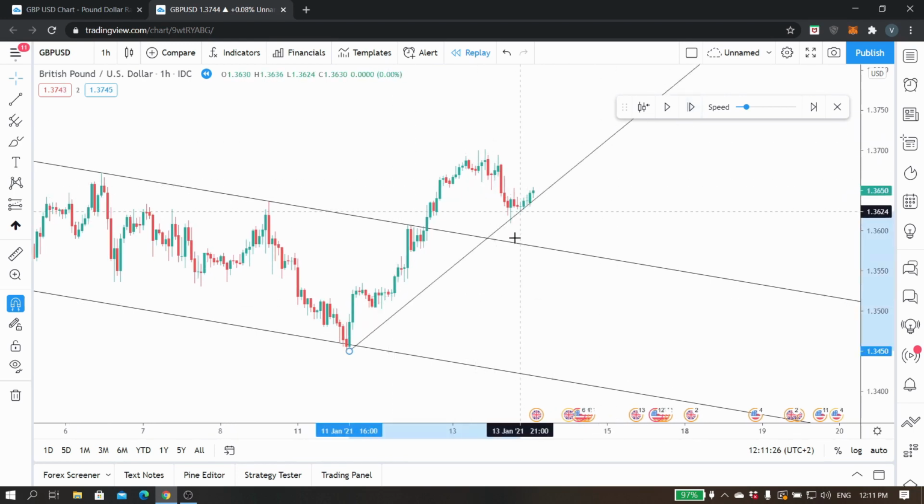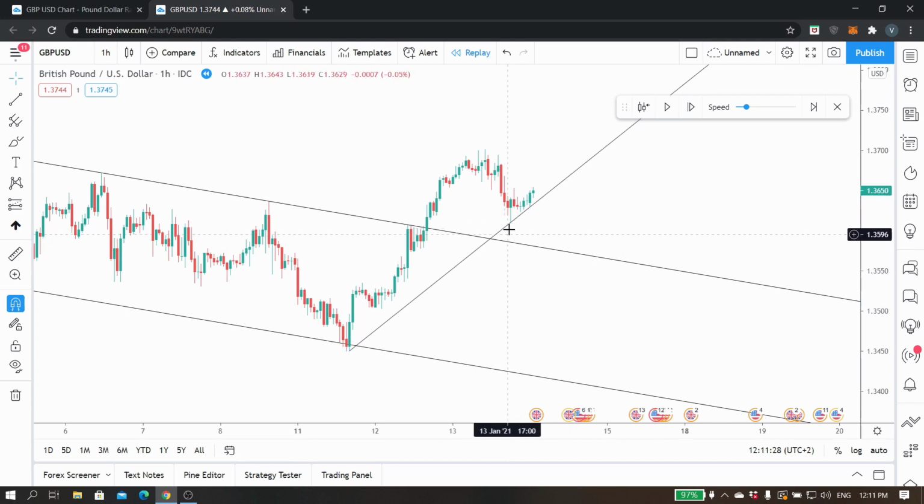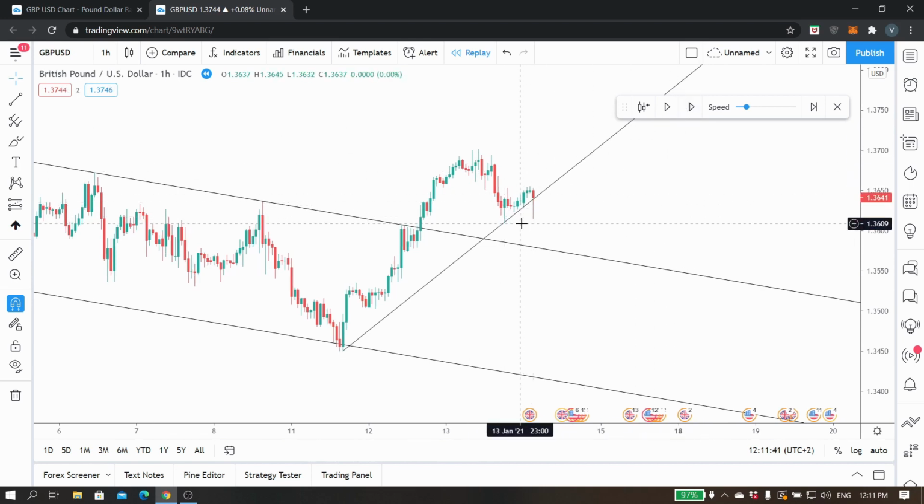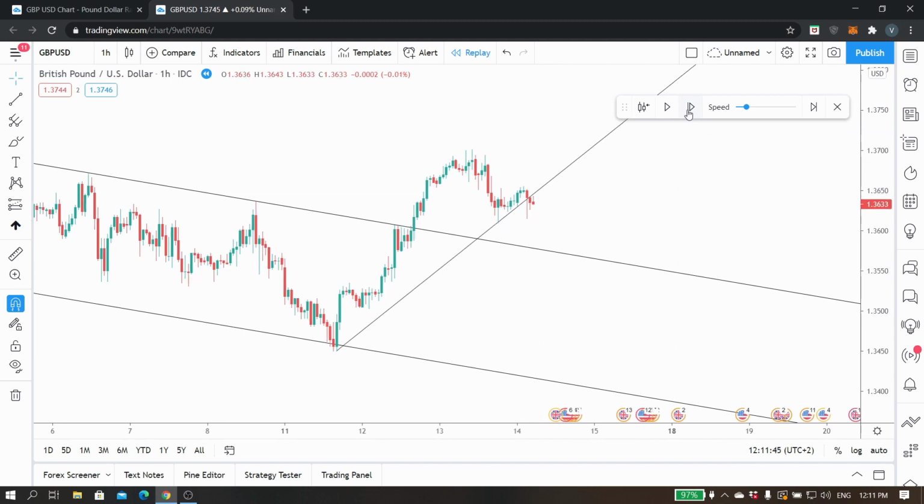Let's see. Bam. 1, higher low, higher highs. You can see in a lot of things that's an uptrend. Place a trend line here, and it went up a little, and it broke.